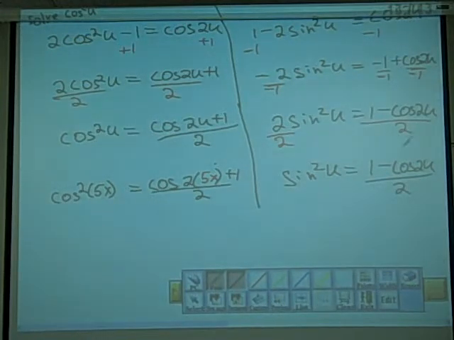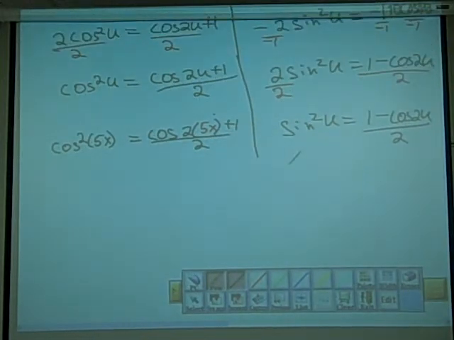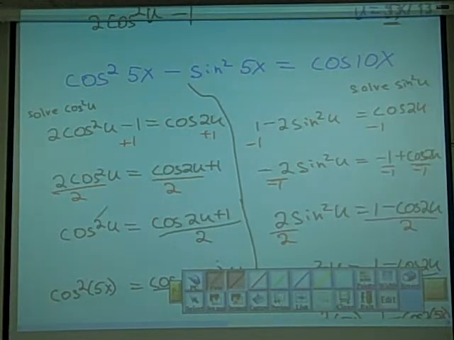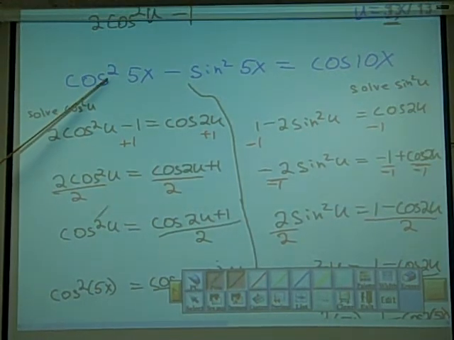And so now we're going to substitute in the 5x for the u. So this is going to be sine squared 5x equals 1 minus cosine 2 times 5x, and that's all over 2. Now we're going to take this cosine squared 5x, and we're going to substitute it in there.